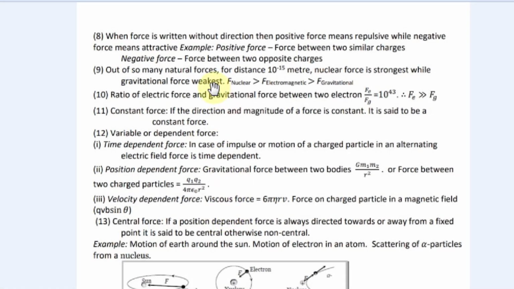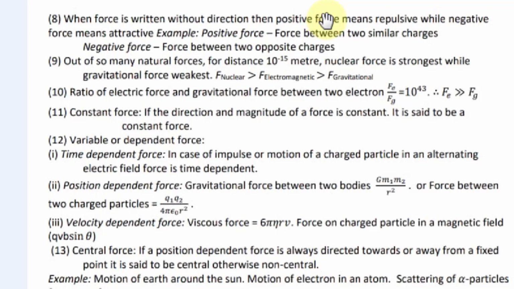Now children, you can see the eighth point. When there is a positive force and a negative force, positive force and negative force of what? Charges. There will always be repulsion between similar charges and attraction between opposite charges. Between negative charges, repulsion will be there.